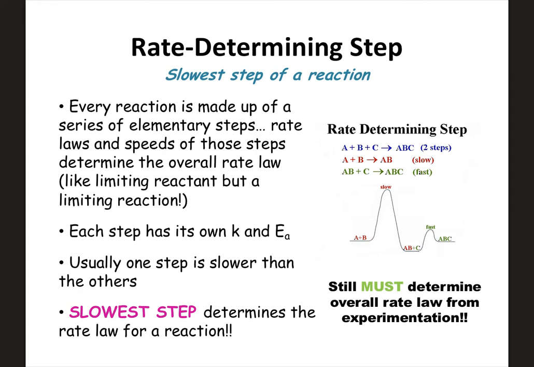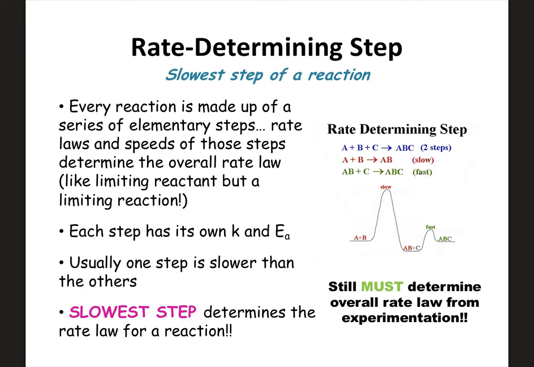Remember, if you have a mechanism and you have elementary steps, you can write the rate law for an elementary step. So if you have a slow step, you can write the rate law from that slow step because you know the rate law is going to be based on that slow step. But again, you have to confirm this with experimentation. If you notice this particular mechanism, you can see the two steps it takes place by.